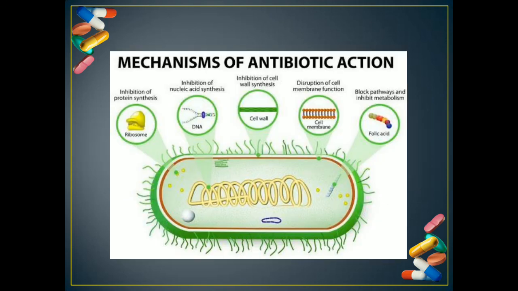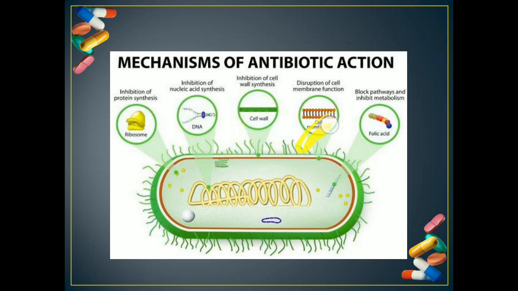So these are the 5 mechanisms of antibiotic action, the 5 areas an antibiotic can attack. It can attack protein synthesis, it can inhibit nucleic acid synthesis, which includes both DNA and RNA synthesis. It can bind to the cell wall and inhibit its synthesis.